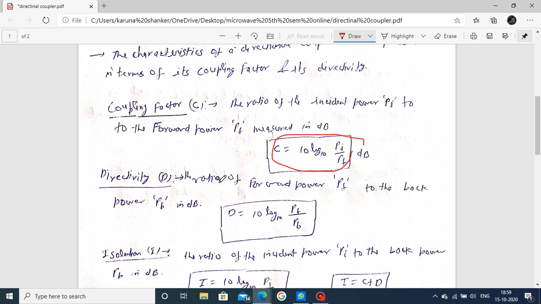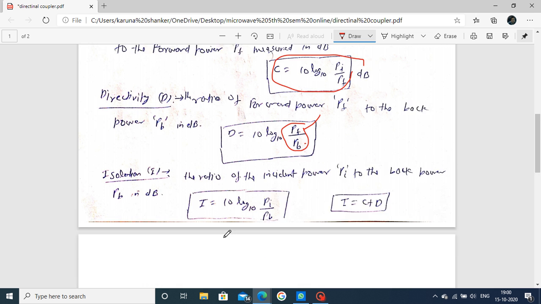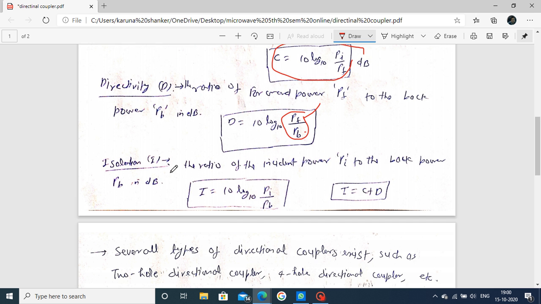Next, directivity is the ratio of the forward coupled power to the back power. Similarly, isolation is the ratio of the incident power to the back power. Also, coupling factor plus directivity gives you isolation.